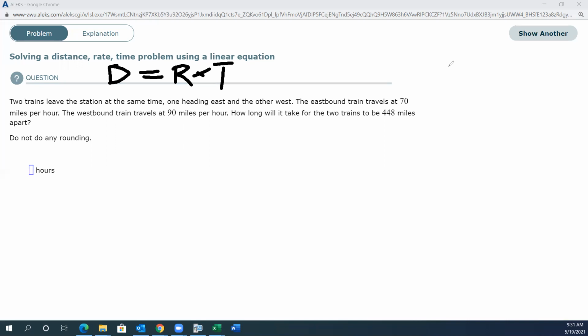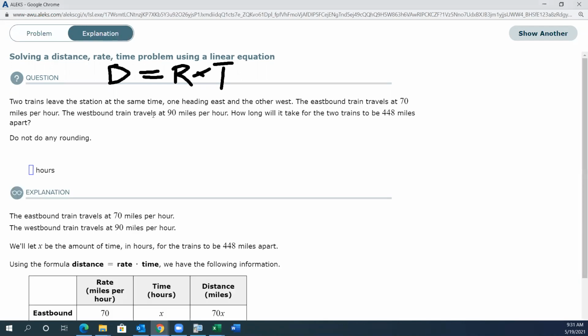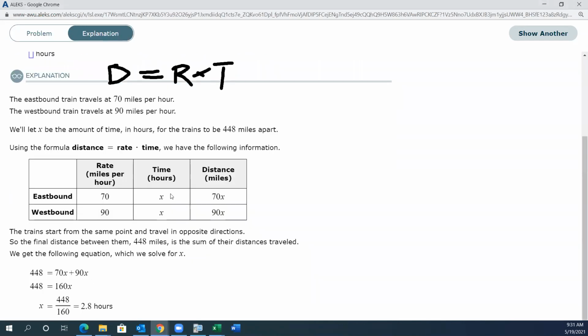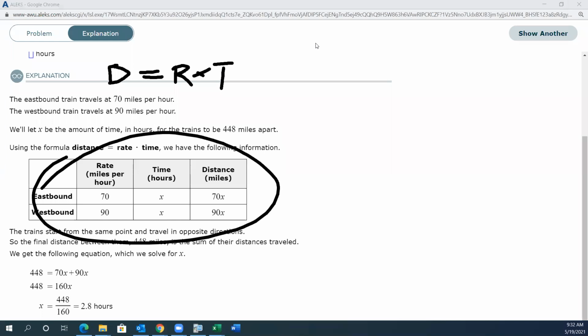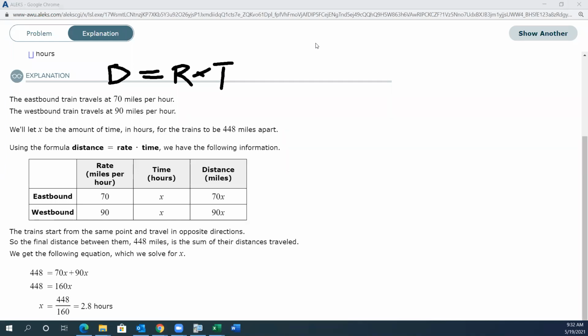So to proceed, I think this will be easier for everybody if I just use their explanation, because there's a lot to write out. So the first thing you want to do is build this cutesy box right here, where you have the distance of both trains, the time for both, and the speed for both.